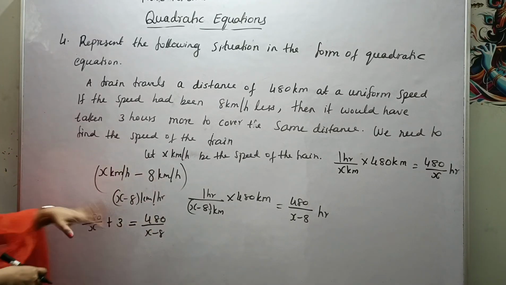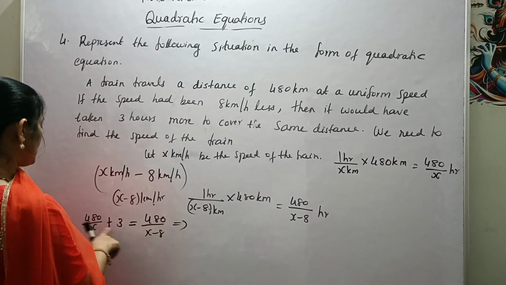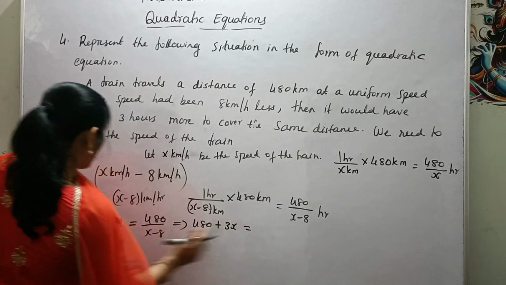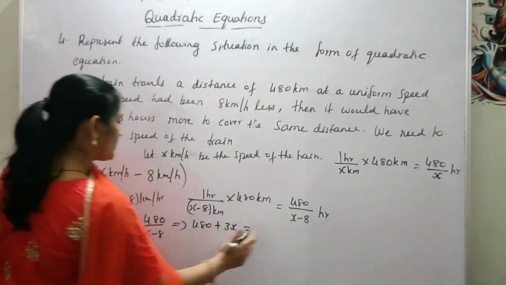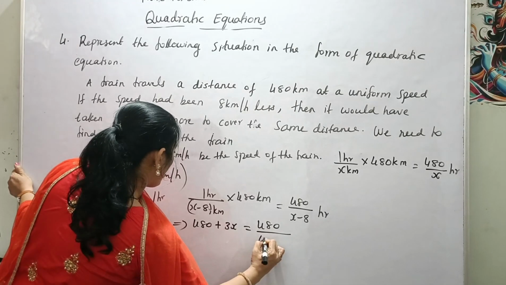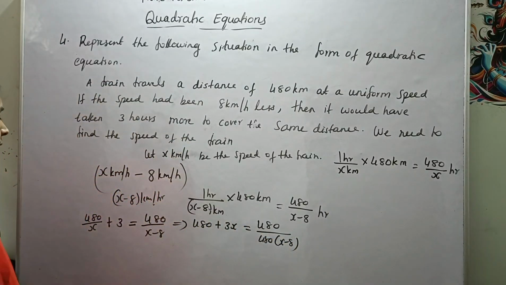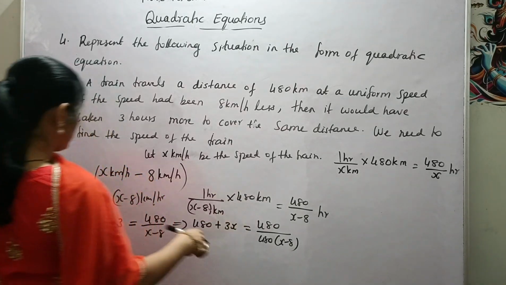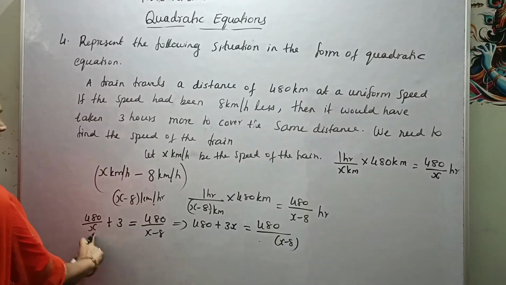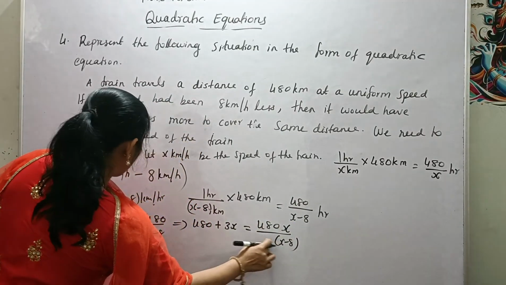Now we have to simplify this equation to get the quadratic equation. So here 480 plus 3x over x is equal to 480 divided by x minus 8.